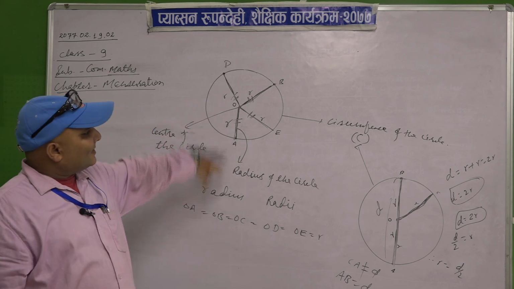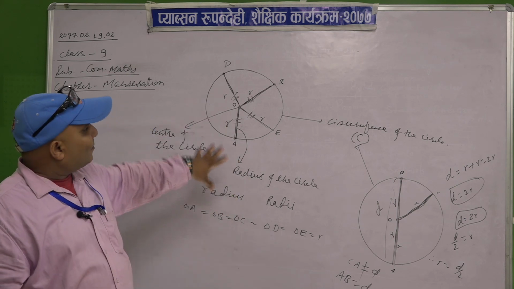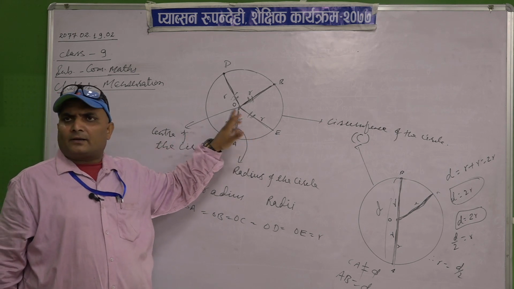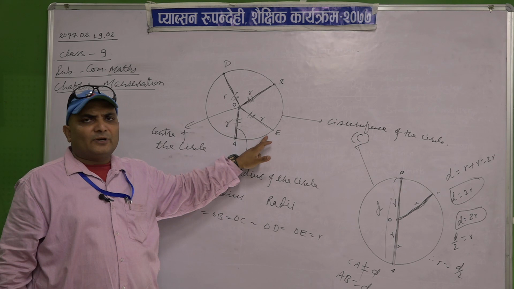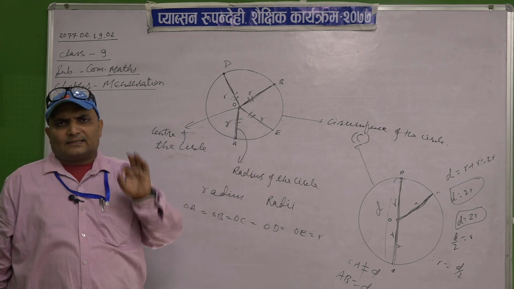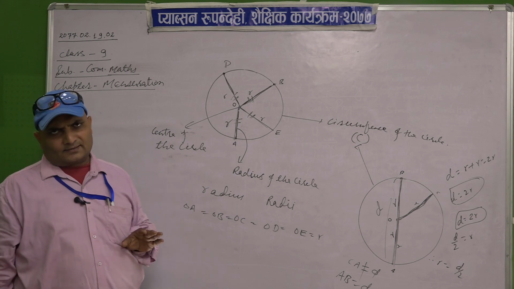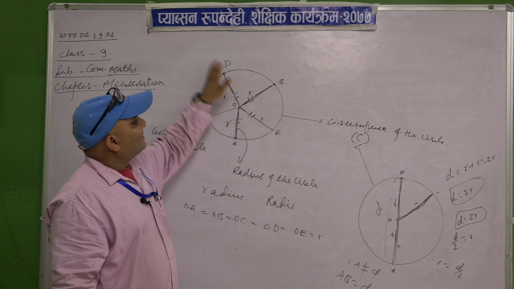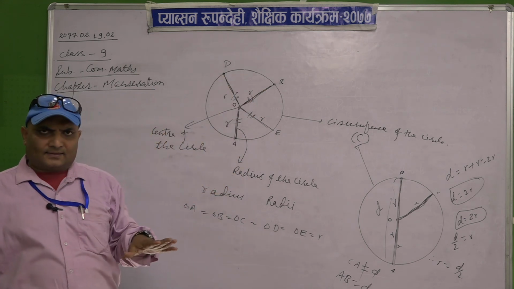Now see, what is the summary of this figure? What is radius? The radius is the distance between the center point and the circumference of the circle. There are many radii in the circle.